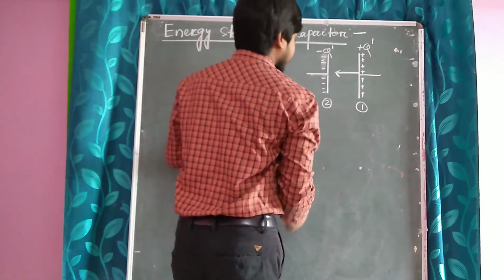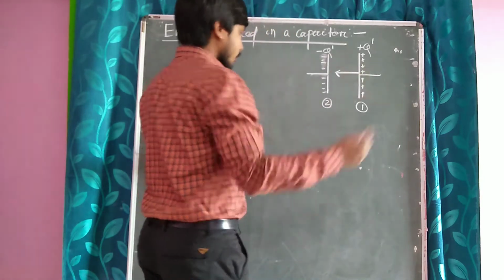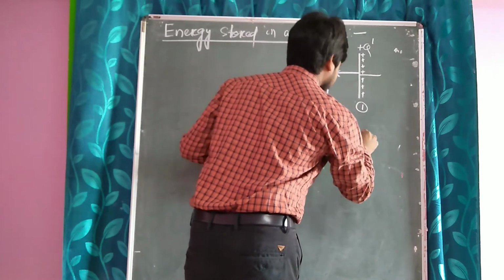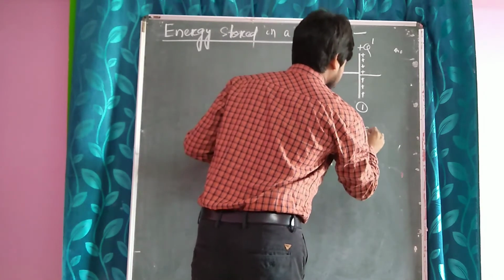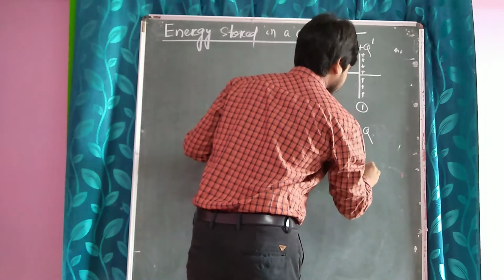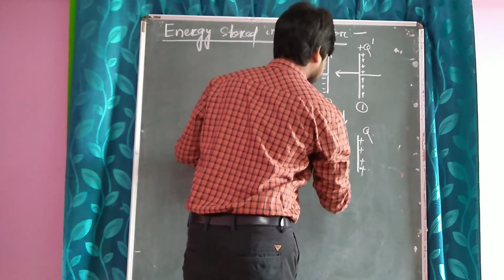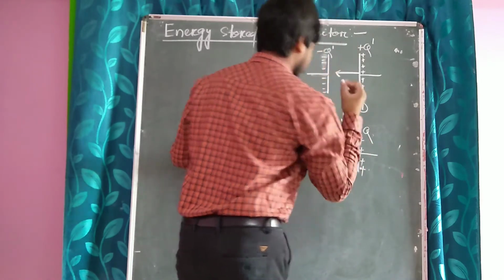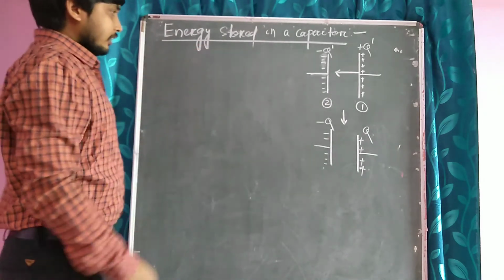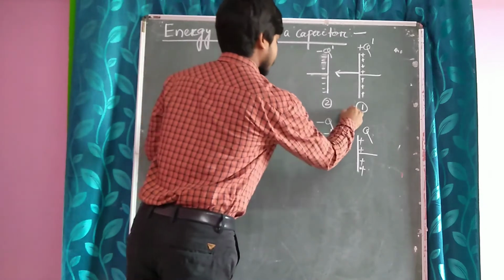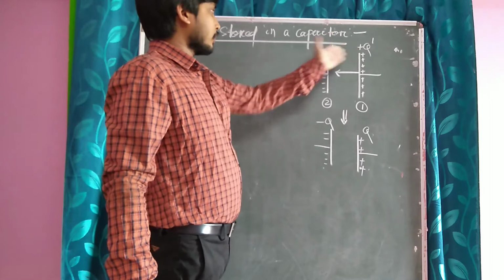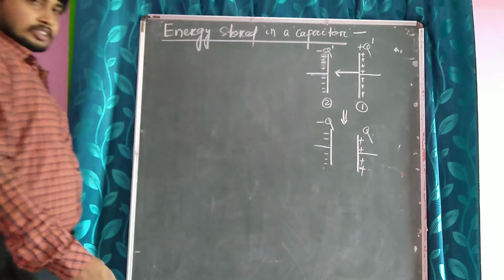Suppose after transferring the charge, after some time, the charge on the plates becomes plus q and minus q. Is it clear? So now just see, from the first situation we will start. At any instant of time, plus q prime and minus q prime is the charge present on the capacitor.